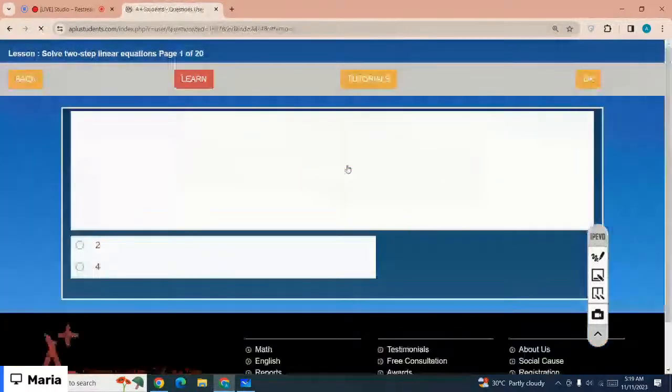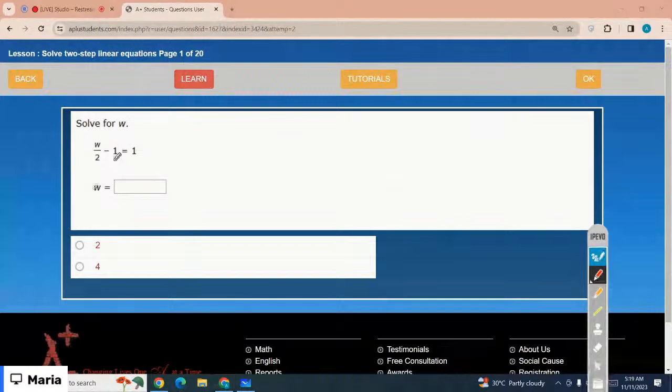Okay, the first one is w over 2 minus 1 equals 1, right? First of all, we need to remove that 1 here. So that is subtraction, and the opposite of subtraction is addition. 1 plus 1 is 2. You are left with w over 2 equals 2.